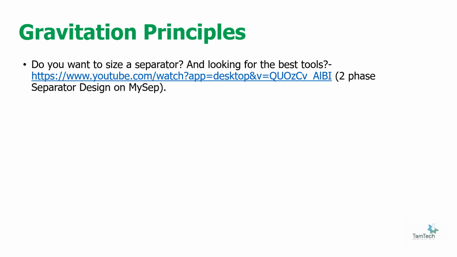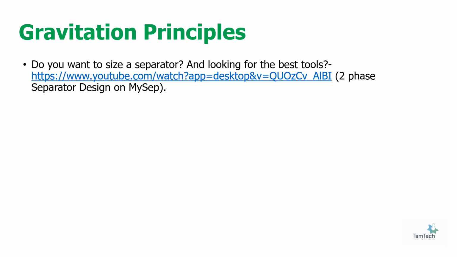If you're interested in sizing a separator for your diploma work, for your graduation work, or for your job purposes, I highly recommend getting a license for MySep, because it gives a very detailed analysis of your separator, and this is one of the best tools on the internet, I would say.